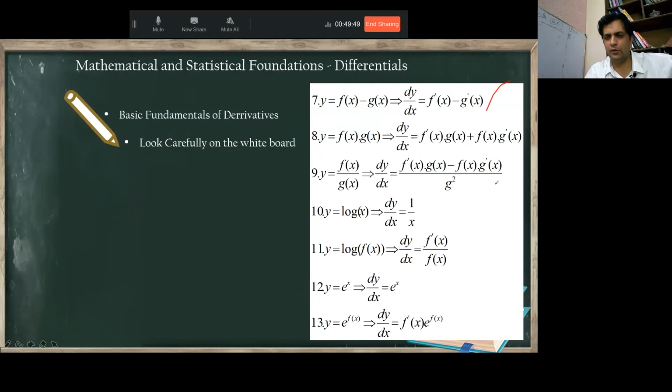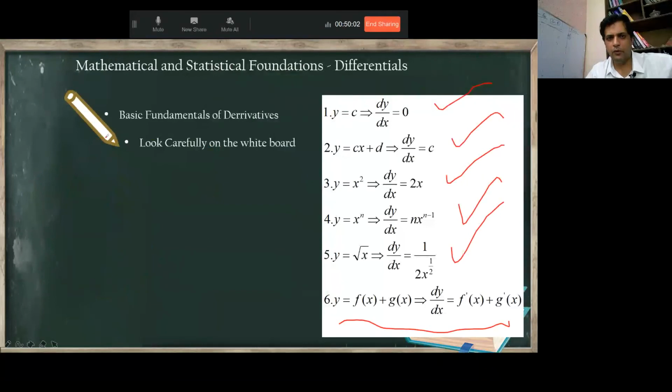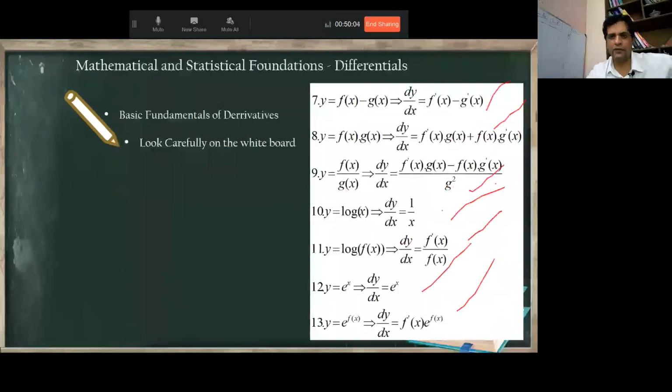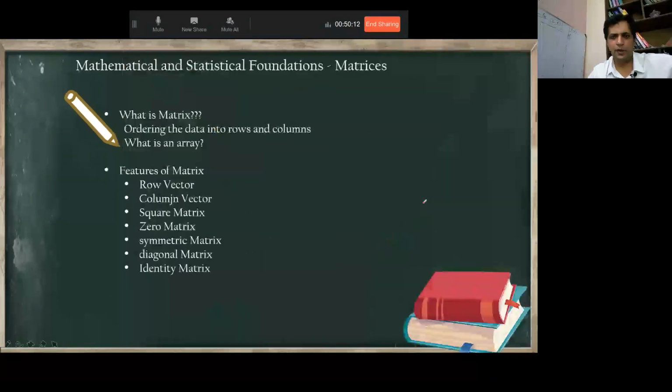This is not so difficult, this is really easy, especially if you know this one, right? So based on this theorem, we can derive any kind of differential, and then we will talk about chain rule and some different orders. So it will be easy. And if we have time, we will do this one.